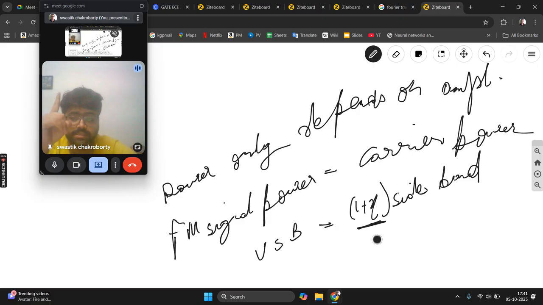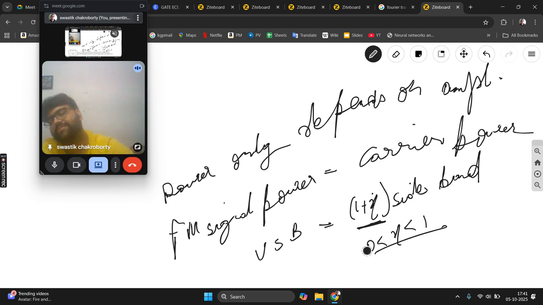So one whole sideband, and eta is a fraction, between 0 and 1, so 1 plus a fraction of sideband. So one whole sideband and a fractional sideband is VSB. It is somewhere in between DSB and SSB.